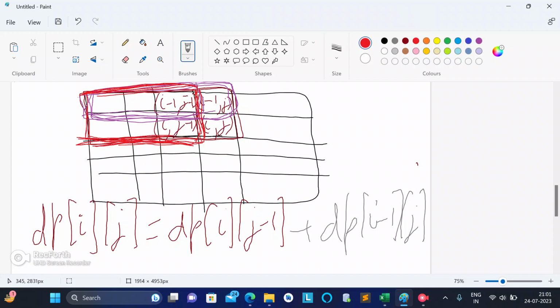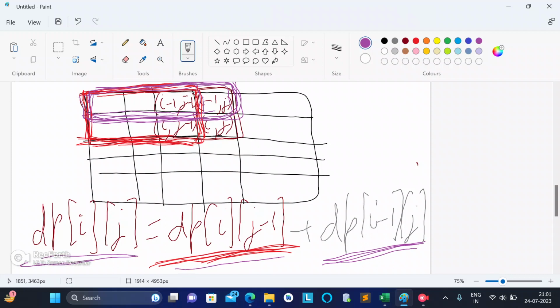I have marked it again. This is the red section, which dp of I j minus 1 represents, and this is the purple section, which dp of I minus 1 j represents. So we have dp of I j is dp of I j minus 1 plus dp of I minus 1 j, plus the value at I and j.